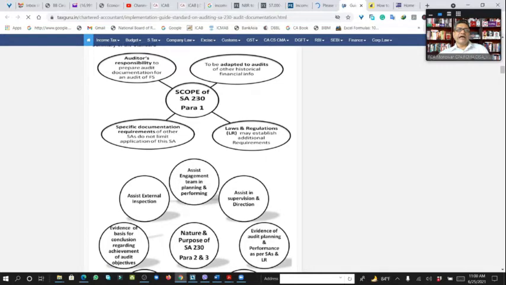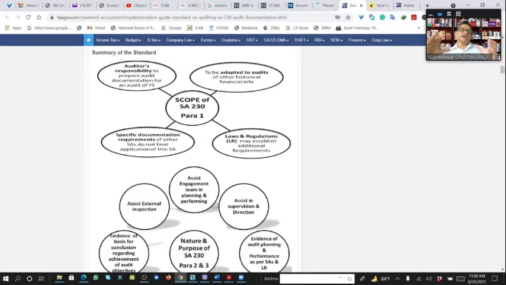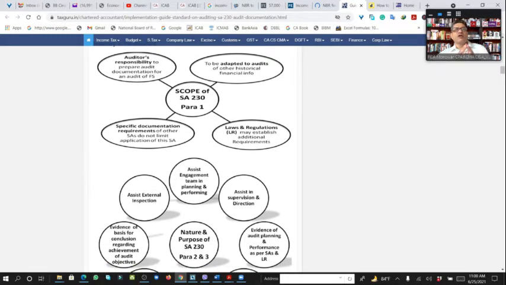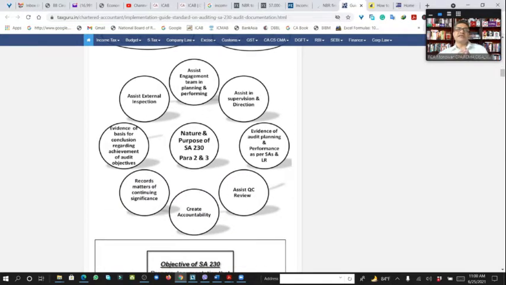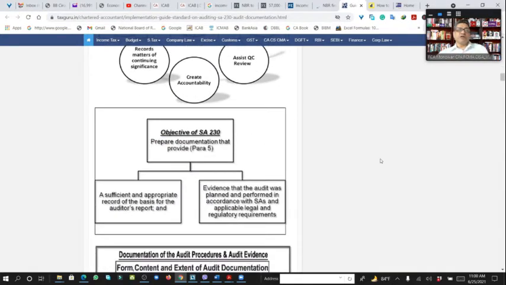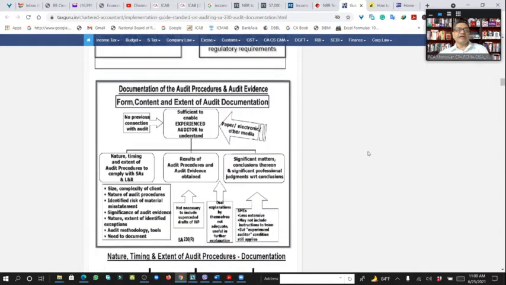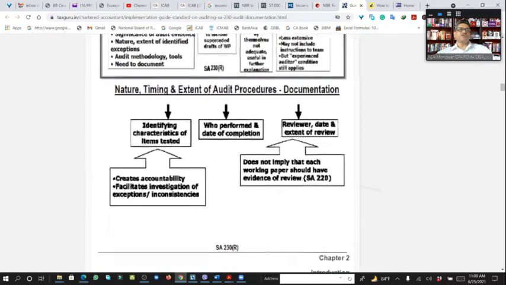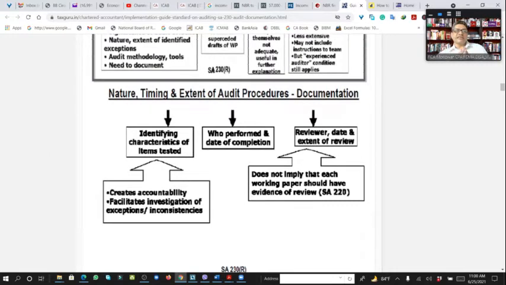For audit purposes, as accountants or chartered accountants, we use that type of model for audit. It shows the scope of audit as per the auditing standard, and the auditor's responsibility. Here is the specific documentation, how we will work, the purpose, nature, and objective of that documentation, timing, first identifying the characteristics of items, and who will do it.